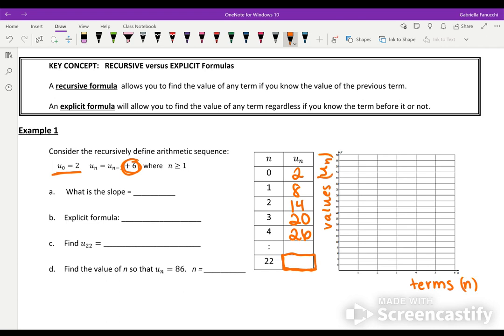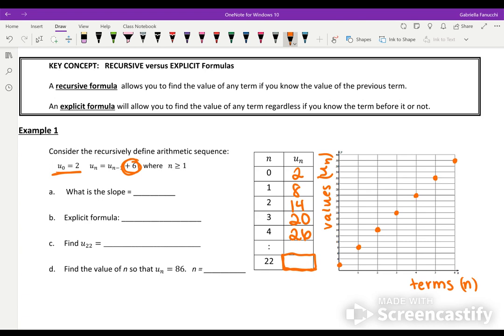So 0, 2; 1, 8; 2, 14; 3, 20; 4, 26. And without even knowing, I can just keep following the pattern. So 5 would be 32. And then 6 would be 38. Okay, so we can just fill in that table.